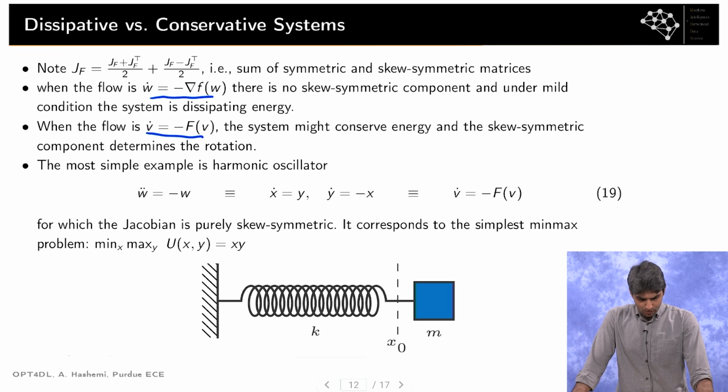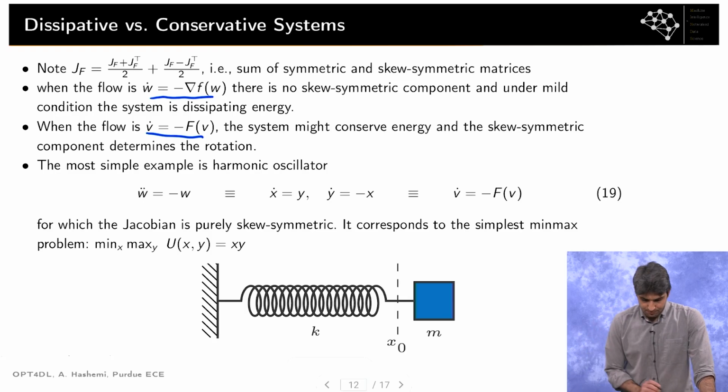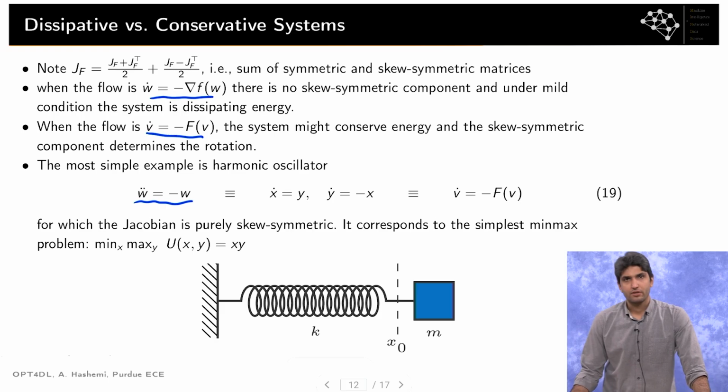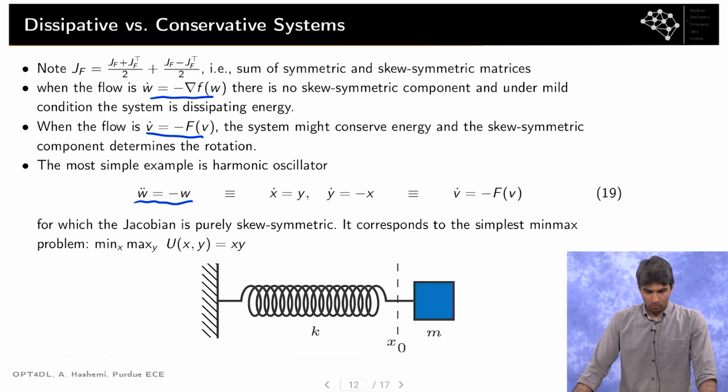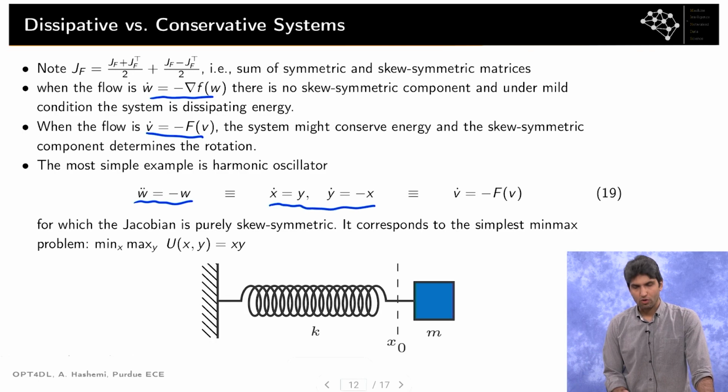The simplest example of this that I'm sure you've seen in physics courses is the harmonic oscillator. It is basically described by this second order ordinary differential equation, where you can write it in this equivalent form, the Hamiltonian form.